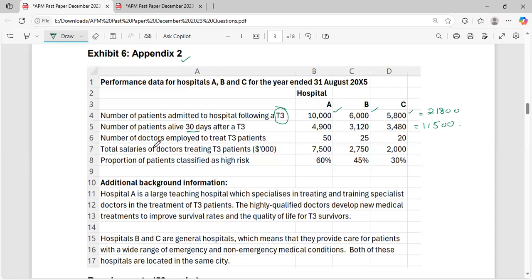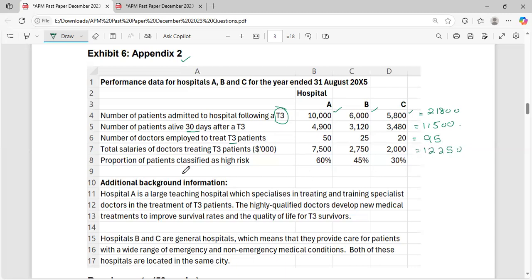Number of doctors employed to treat T3 patients: 50, 25, and 20. So we can say that it is 95. Total salaries are 7,500 plus 2,750 plus 2,000, so we have 12,250.